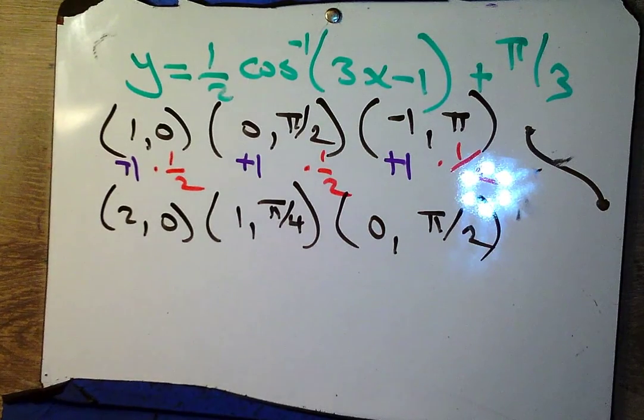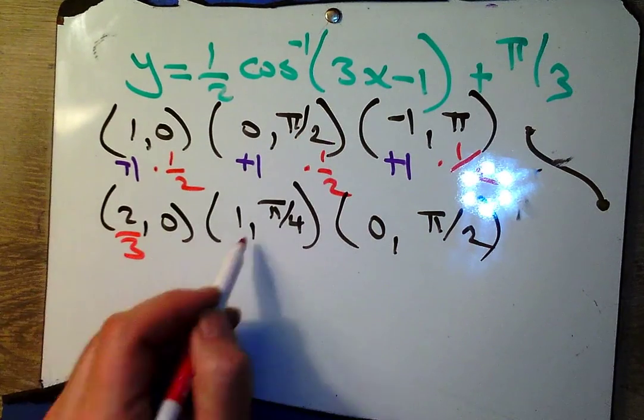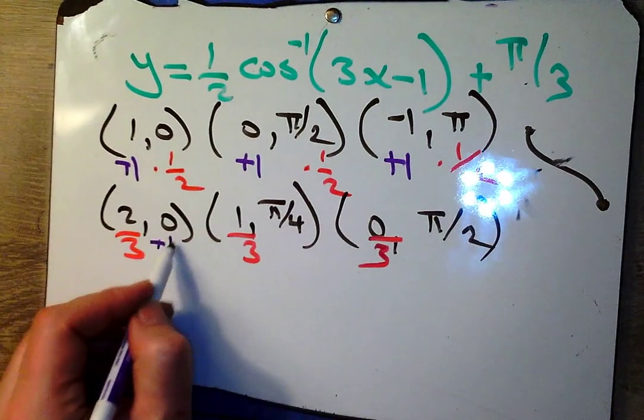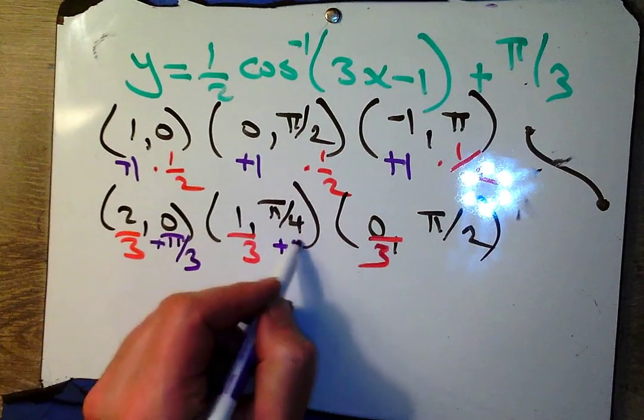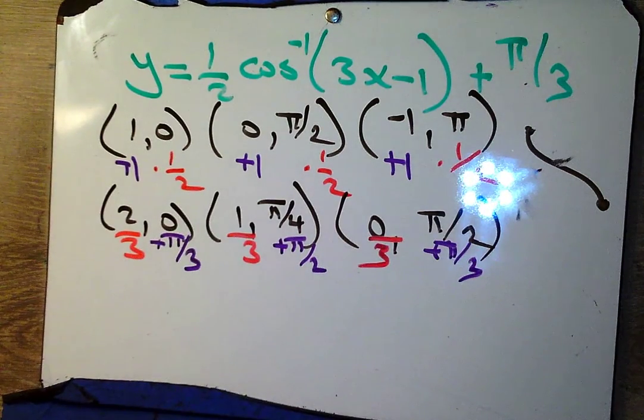Okay, are we done? Of course not. We've got to divide all the x's by 3. And we need to add pi over 3 to all the y's. Okay, so where does that take us?